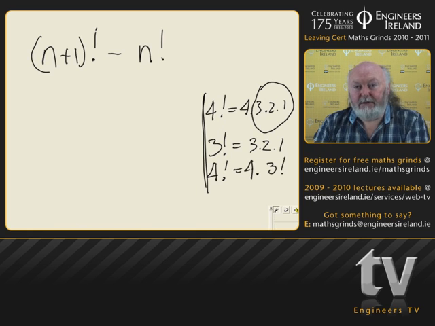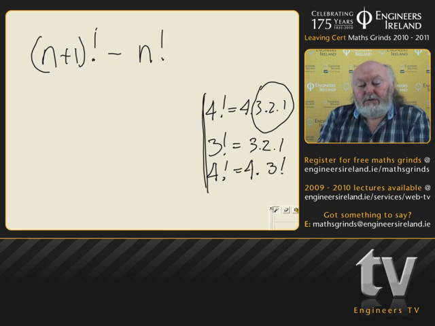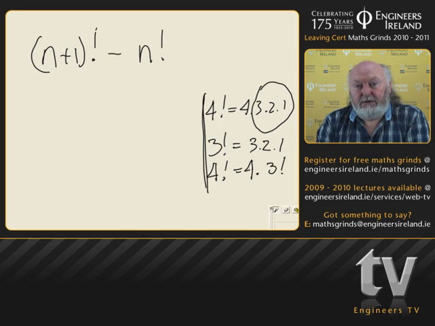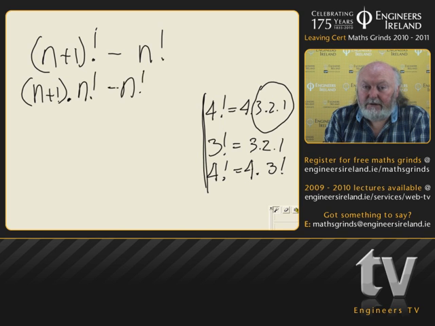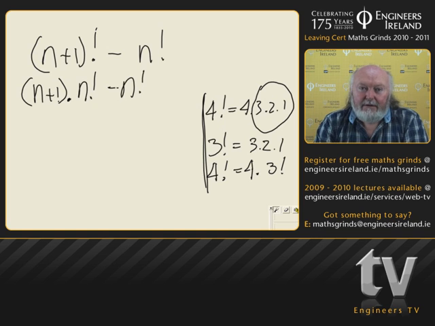Now we've got a very simple way of being able to convert the bigger term here into a form that I can take away the smaller term from it. So I'm able to say it's n plus 1 multiplying into n factorial minus n factorial. This could be anything.